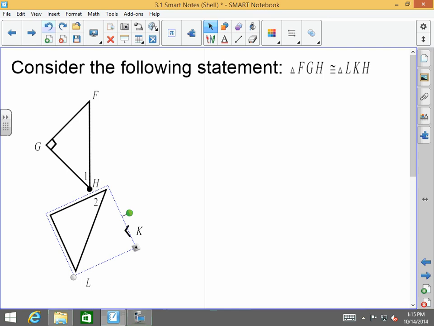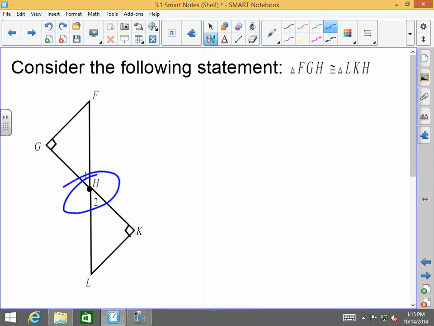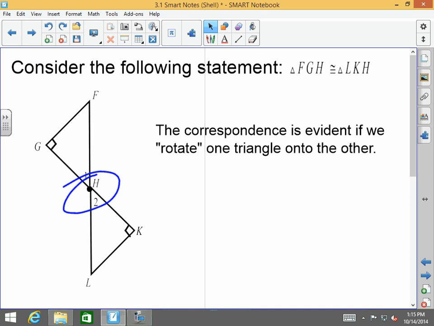It's hard for me to do it with this program. But I'm basically just moving it on top of it by rotating on point H. Okay? So we already have congruence correspondence to parts with reflections, with slides, and sometimes the correspondence is evidence if we rotate one triangle or polygon onto the other.